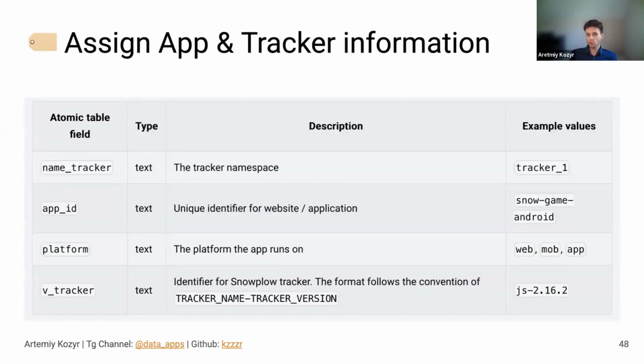Another thing I would suggest you do is to assign app tracker information. I have a single table in my Snowflake database for all the events from all the devices and all the trackers, and to distinguish between them, I have specific metadata, which is the tracker namespace, the app it runs on, the tracker version, and the website application identifier.